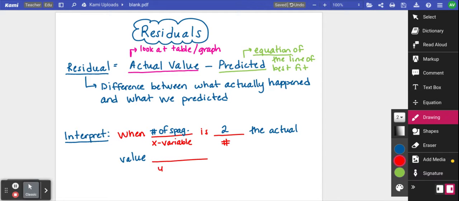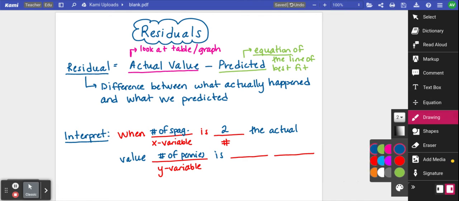When we did this example in class the other day, the y variable was the number of pennies. So we would say the actual value of the number of pennies is, and then you're going to tell me what the difference is. This much higher or lower. And this is going to be the number of the residual. And this is going to be either higher or lower.